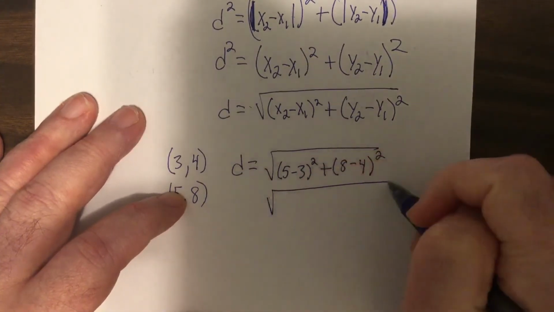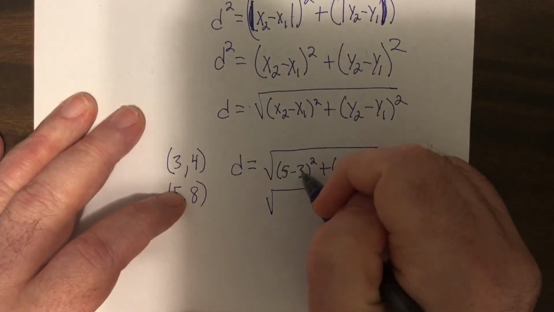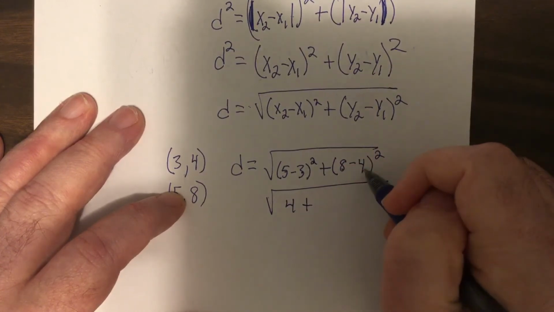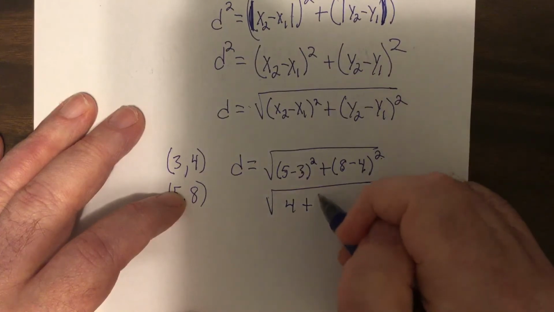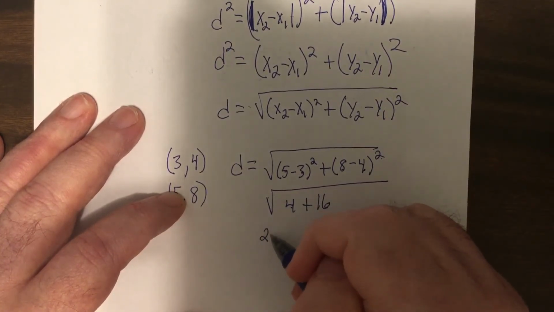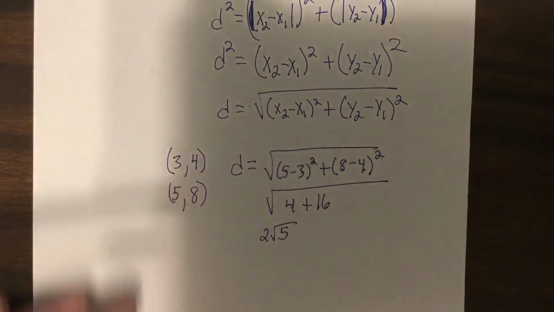So it'd be the square root of 5 minus 3 is 2, squared is 4, 8 minus 4 is 4, squared is 16, 4 and 16 is 20, so it'd be 2 square root of 5. Woohoo!